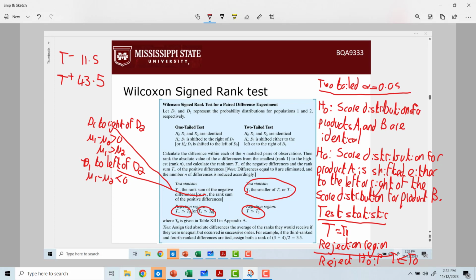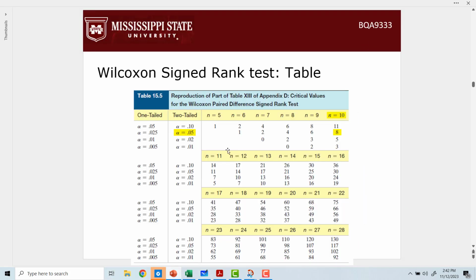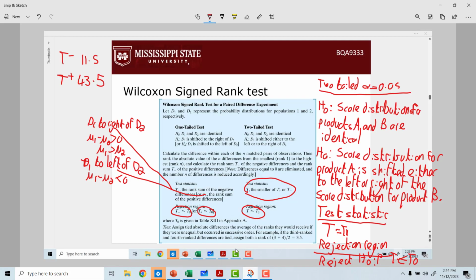So let's go back to our slides. For this example, we have 10 products, and the two-tailed for alpha equals 0.05 is going to be 8. So we're going to reject H0 if T is less than or equal to T0, which is equal to 8.